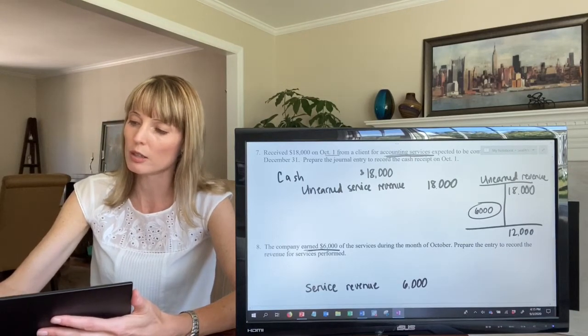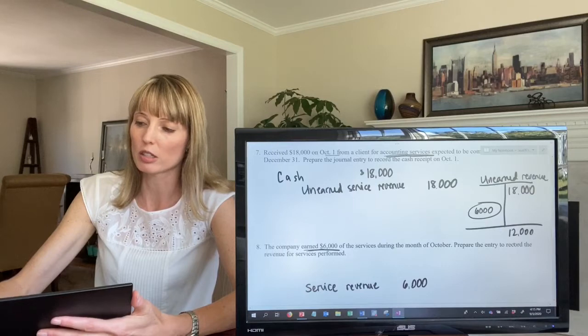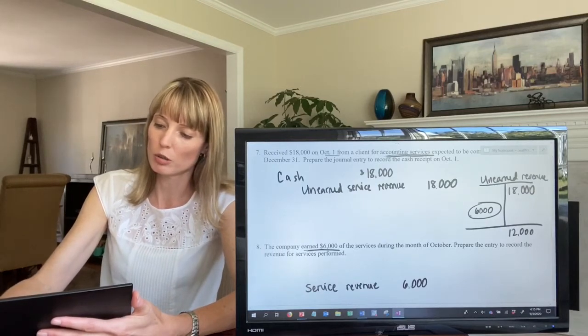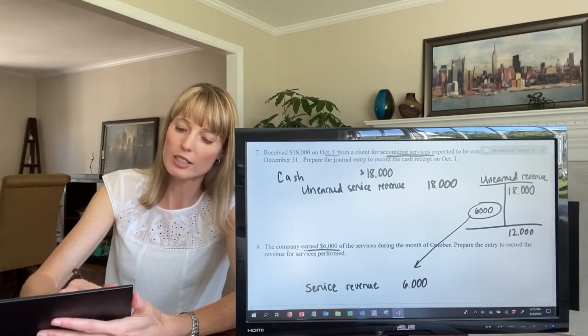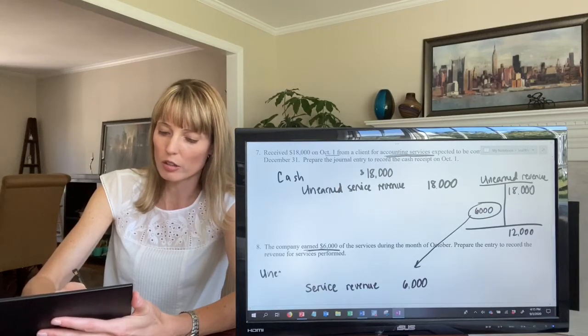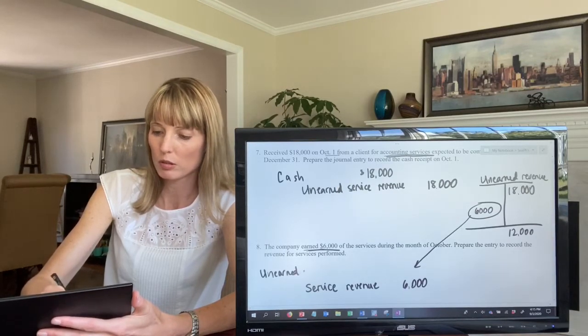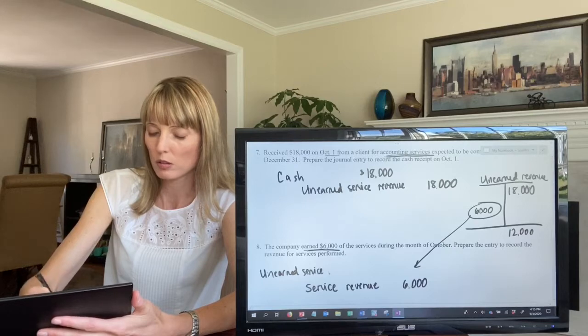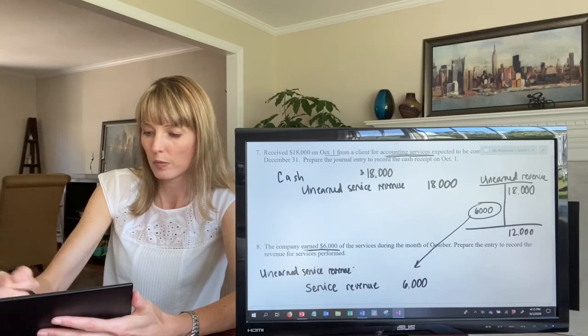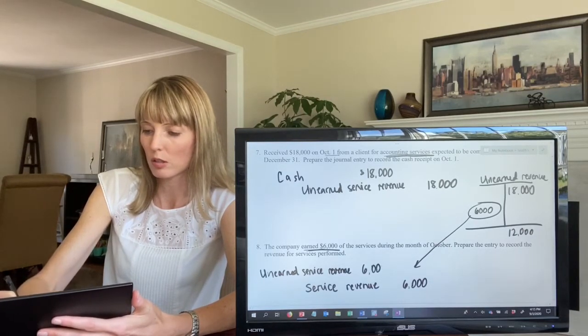So we can see our ending balance in unearned revenue would be $12,000. So what we need to do is record a debit to reduce unearned service revenue for $6,000.